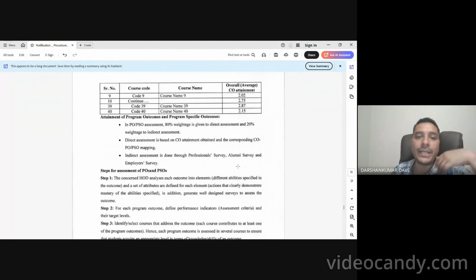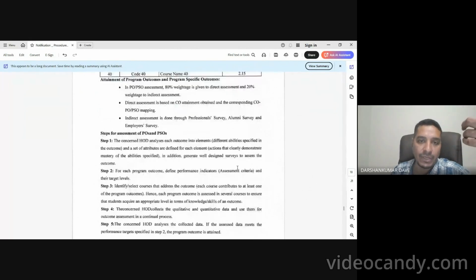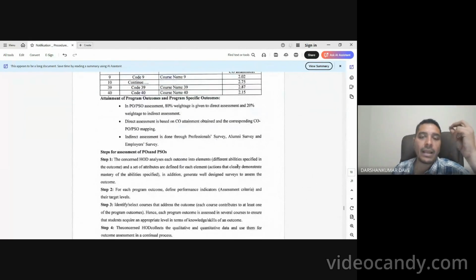Now coming to the attainment of program outcomes. Here you should ideally include both direct as well as indirect assessment, and you should give appropriate weightage.